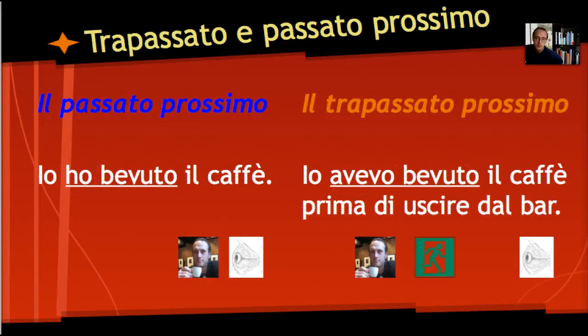But in order to see the complete meaning of the trapassato prossimo and the way it is correctly used, we have to see that in the passato prossimo we have io ho bevuto il caffè, so the ongoing action completed, bounded by the past participle bevuto.